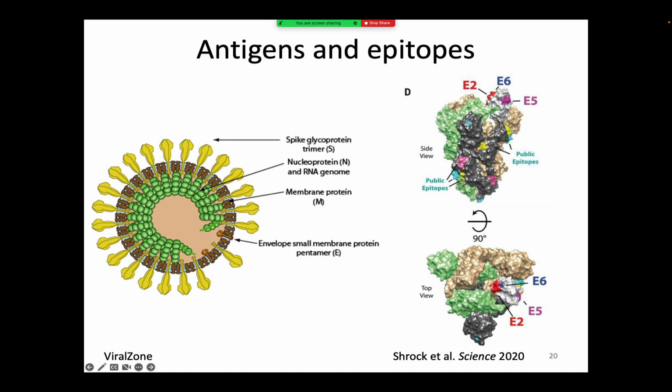Often the reports are about escaping one of the 20, and the press says it means it escapes and we're all going to die. But in reality, it escapes one of 20, but the other 19 are still fine. One antibody is not going to work anymore, but the other 19 work. So understanding that there are multiple epitopes is really important.